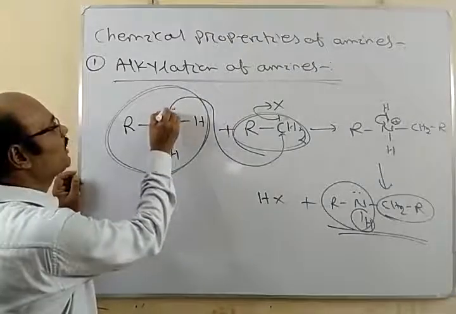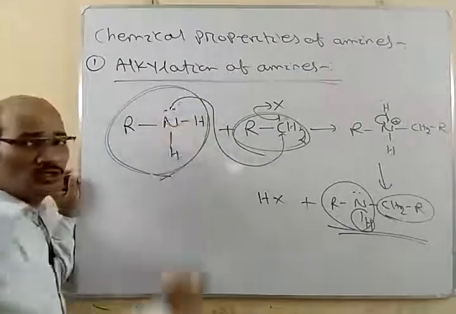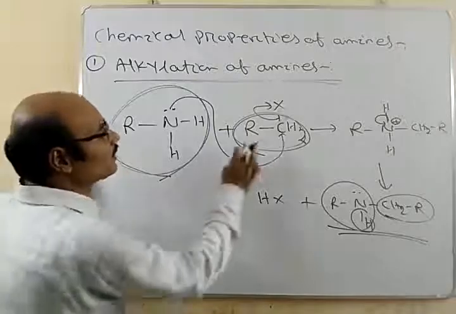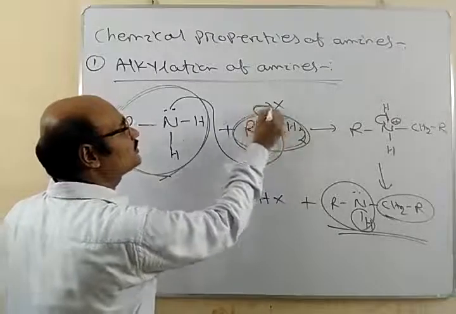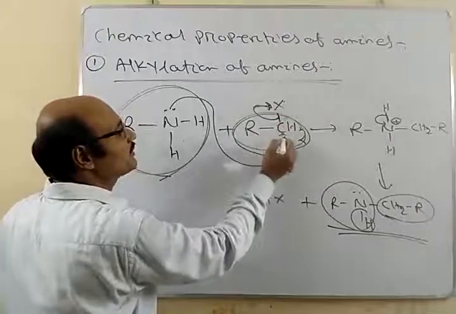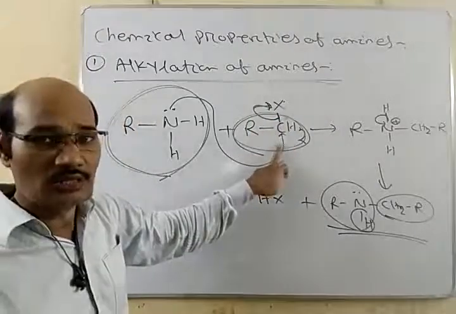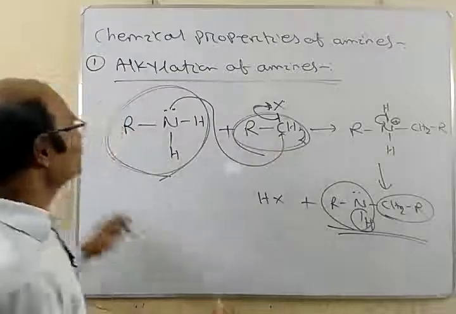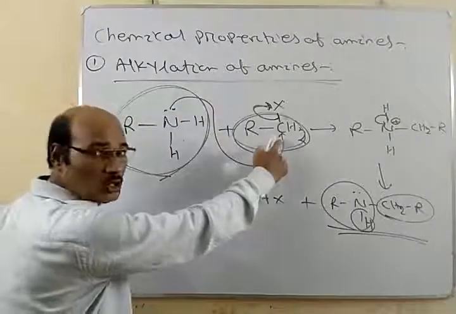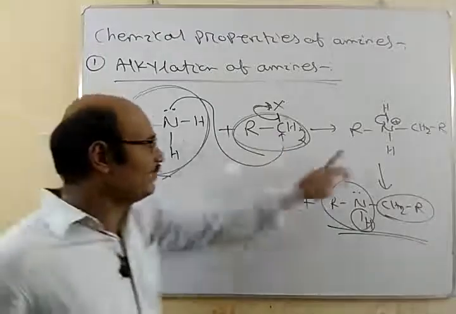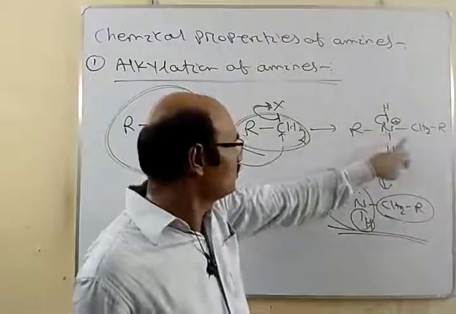The lone pair of electrons on N is acting as the electron donating center. In the haloalkane, the halogen atom takes the electron pair because of the minus I effect. Now carbon becomes the electron deficient center. So this nitrogen electron pair attacks the electron deficient carbon, and we are getting RNH2 CH2R.